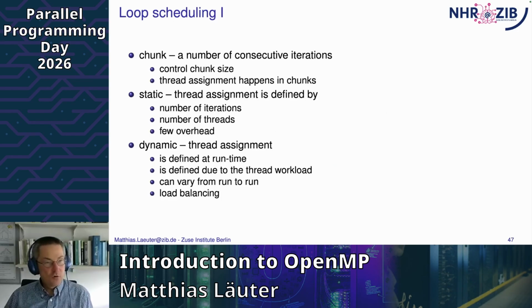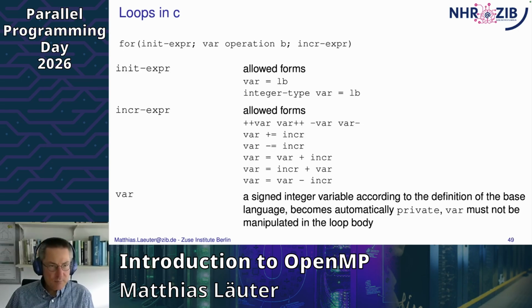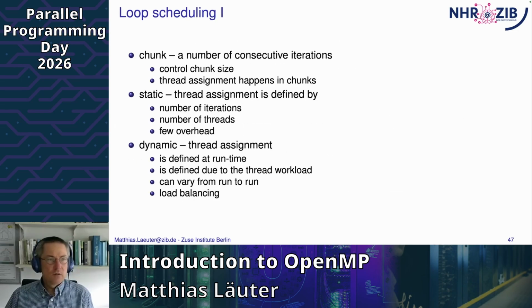And now you can control loop execution with additional options like chunk size, static, and dynamic. Most important here are static and dynamic, which are different. Static tells that the workload distribution is decided during compile time.